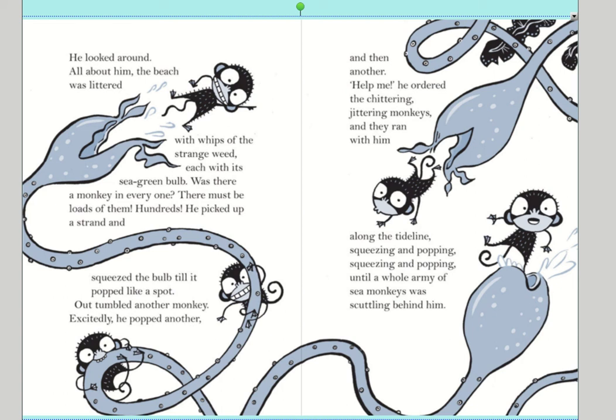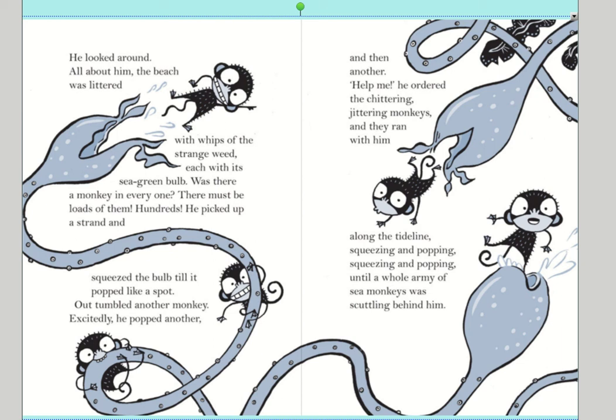There must be loads of them, hundreds. He picked up a strand and squeezed the bulb till it popped like a spot. Out tumbled another monkey. Excitedly, he popped another, and then another. "Help me!" he ordered the chittering, jittering monkeys, and they ran with him along the tide line, squeezing and popping, until a whole army of sea monkeys was scuttling behind him.